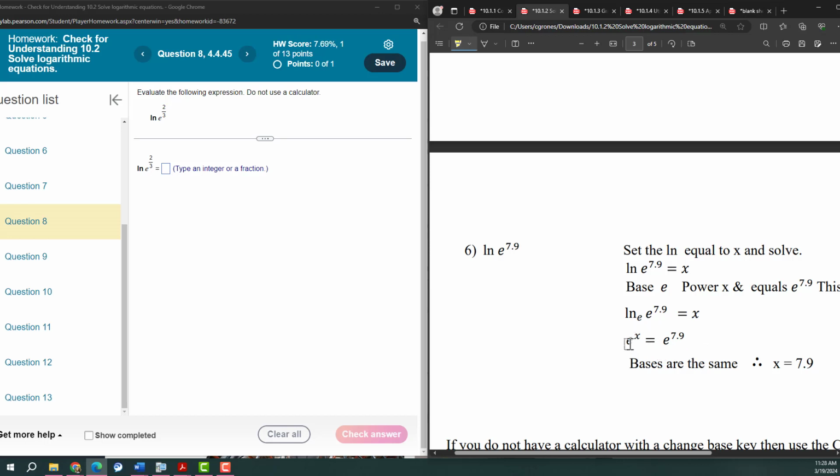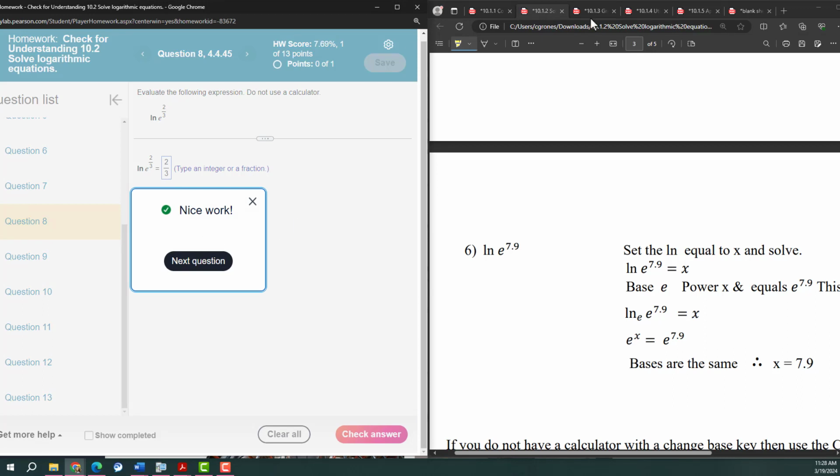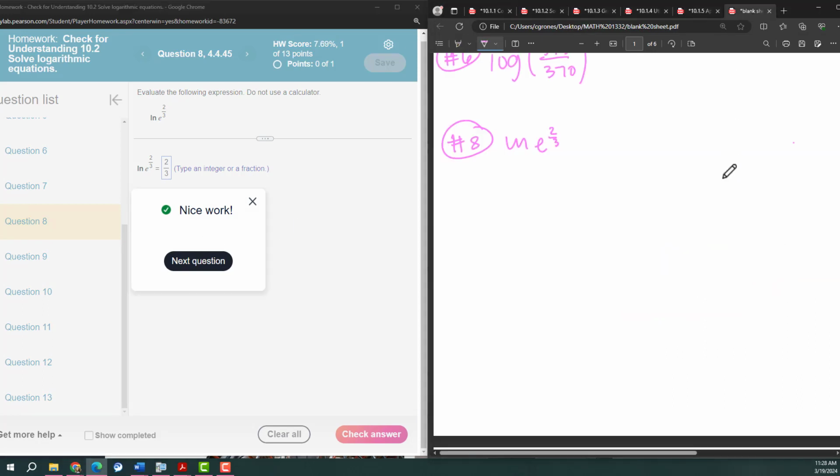So e to the x equals e to your power. So in this case, x equals 2/3. So let me write that right here. So e to the x equals e to the 2/3, so x equals 2/3.